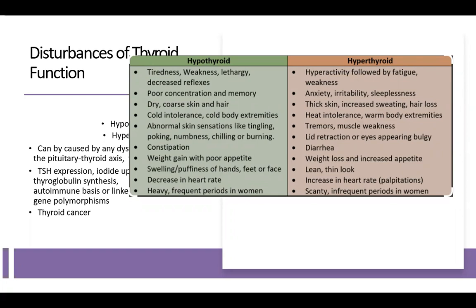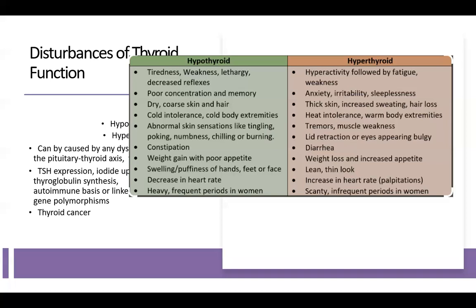They have poor concentration and memory. Usually the skin is really dry, coarse skin and hair. They sometimes lose their hair. Cold intolerance. It's always that cold intolerance that can be significant.